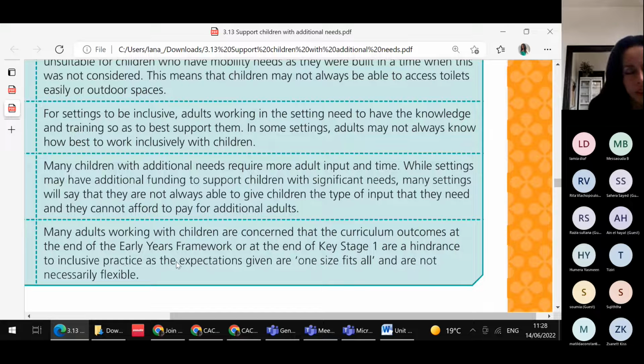Maybe they have a very low staff ratio, and that will impact the nursery's care of the children. The nursery would not be able to afford paying all these additional adults for special needs, so they wouldn't take any special needs children.